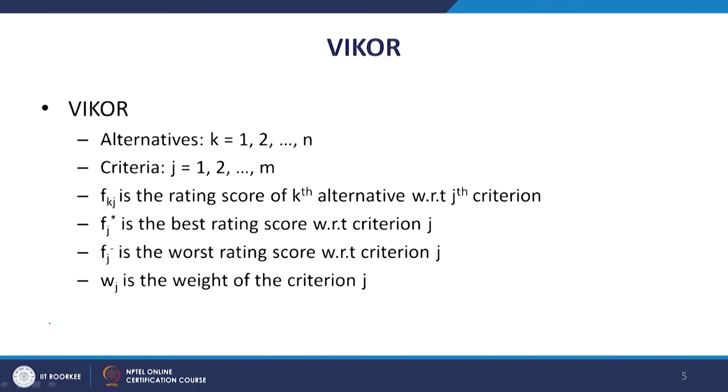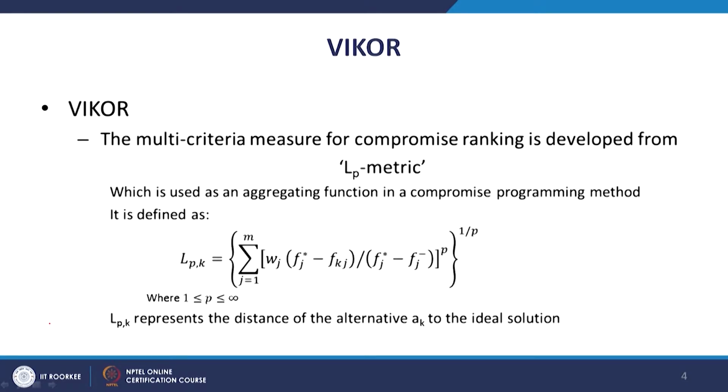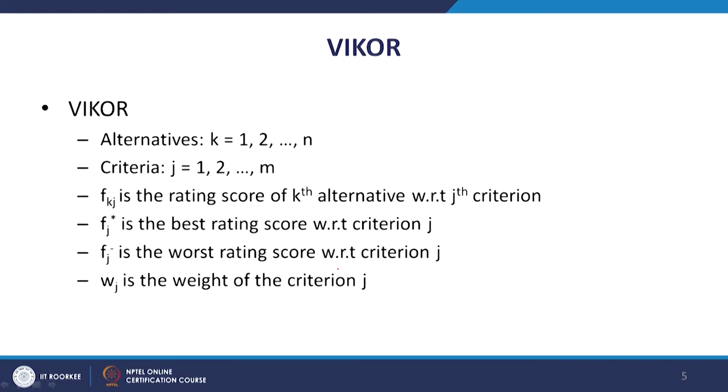As I said, in the previous expression, k stands for n alternatives, 1 to n, and j stands for m criteria. Here you can see the summation is over j from 1 to m, and this is for the alternative, so alternative k from 1 to n and criteria j from 1 to m.